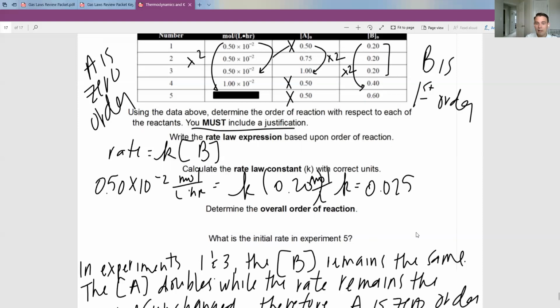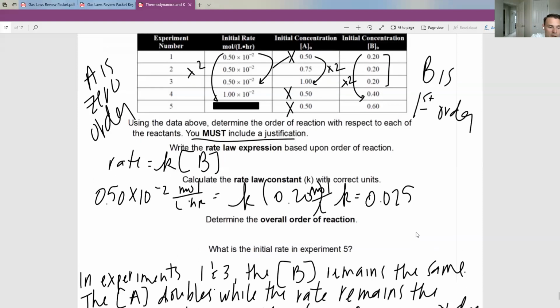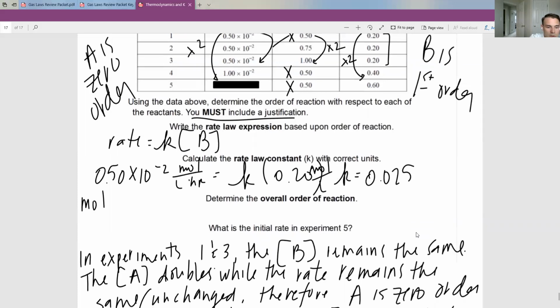So when I divide by a fraction, I multiply by the reciprocal. How the units will work, you'll end up doing moles over liters times hours times liters over moles. Liters cancel, moles cancel. Your units are inverse hours. You need to make sure that you do that math with the units every time.